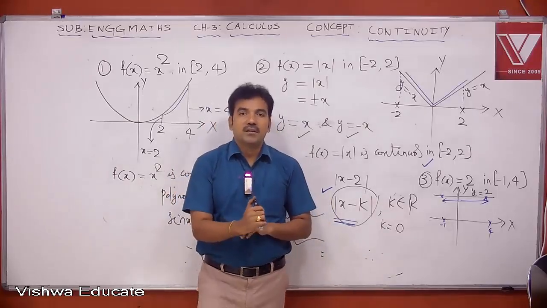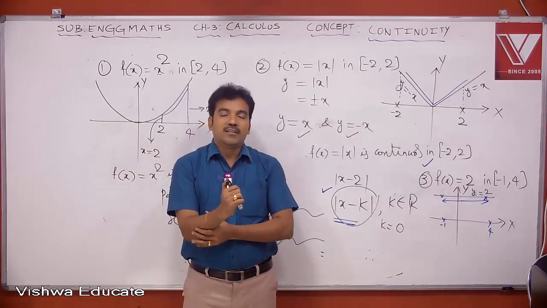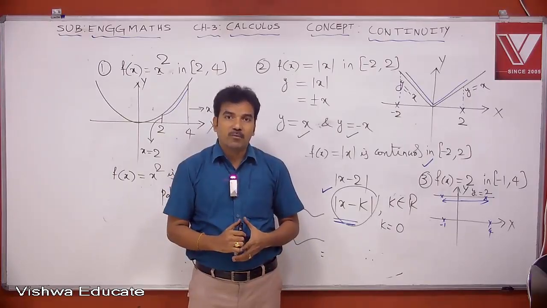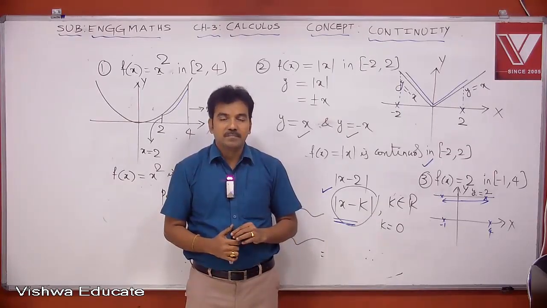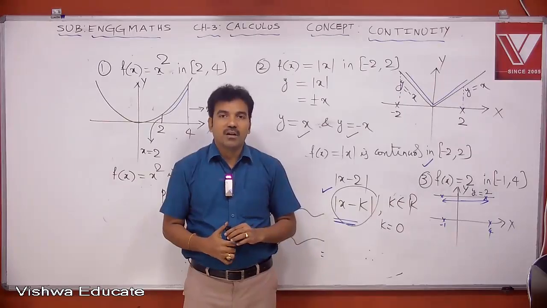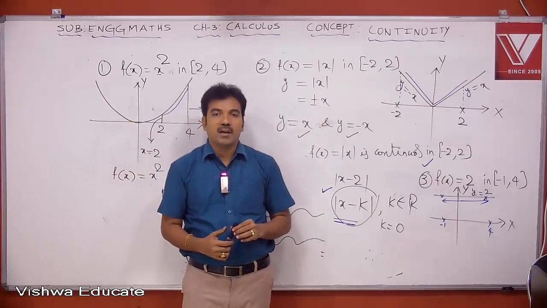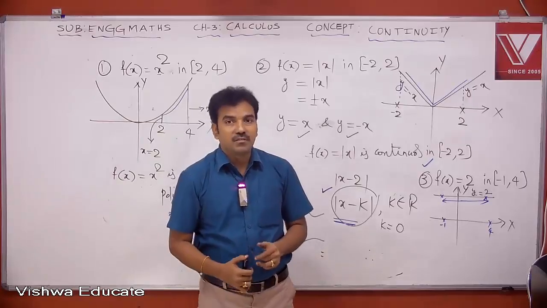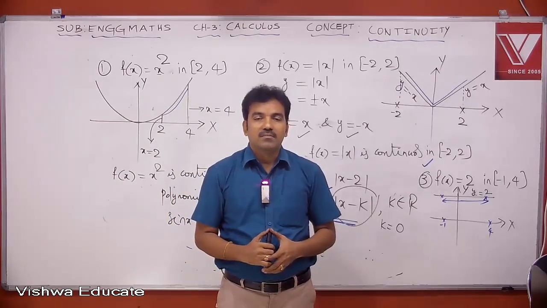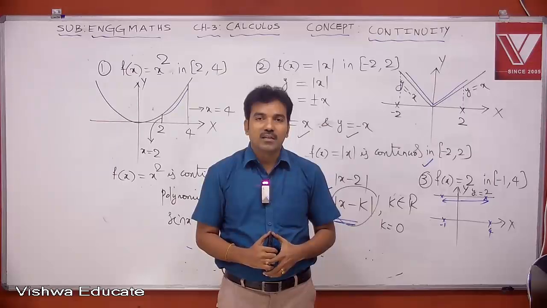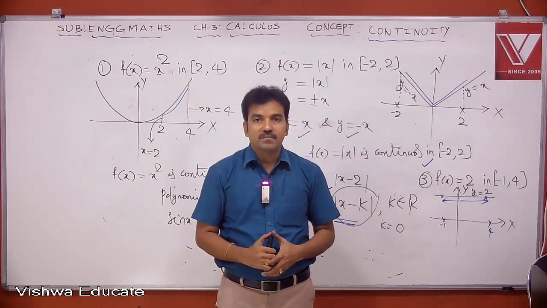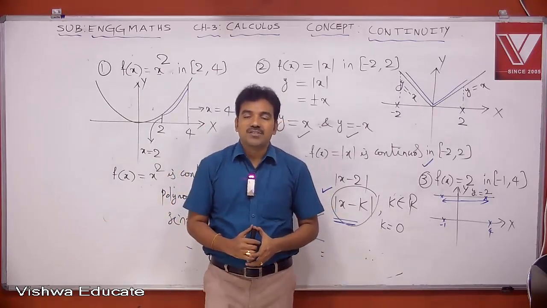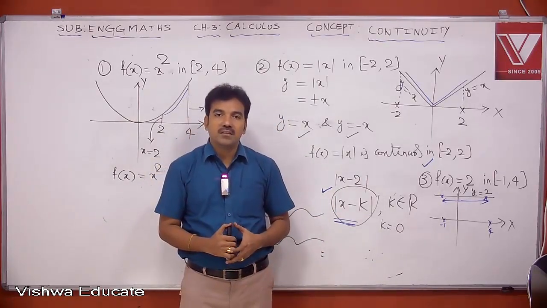If f of x is not continuous at at least one point in the closed interval a comma b, then f of x is not continuous in that interval, and that point is called a discontinuity point of f of x in that interval.